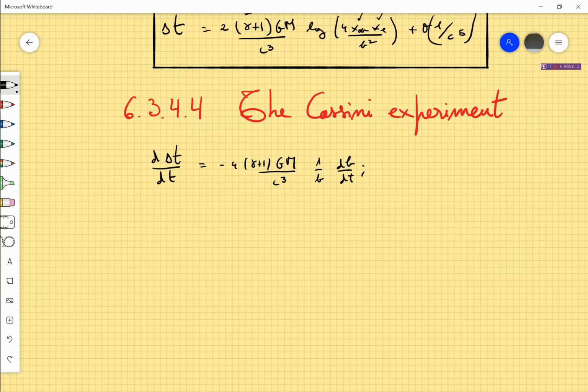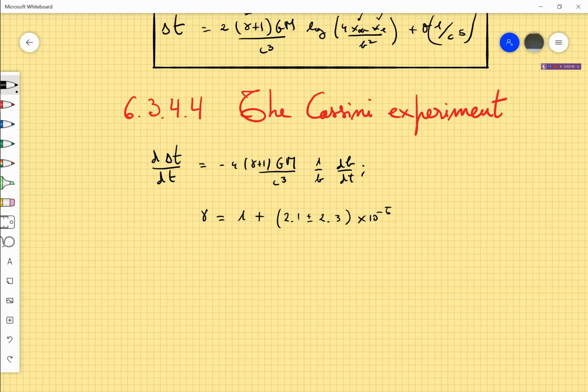Then the point is, what you have to do in the end is to compare what this formula predicts with the experiment, and the result is that gamma is 1 plus 2.1 plus or minus 2.3 times 10 to the minus 5, which is the same as saying that gamma is 1 with a precision of 1 part in 10 to the 5.